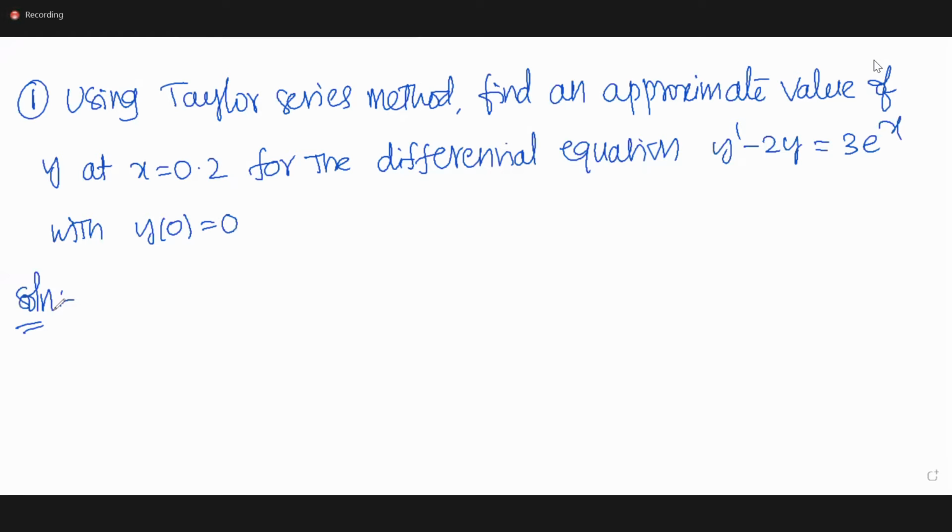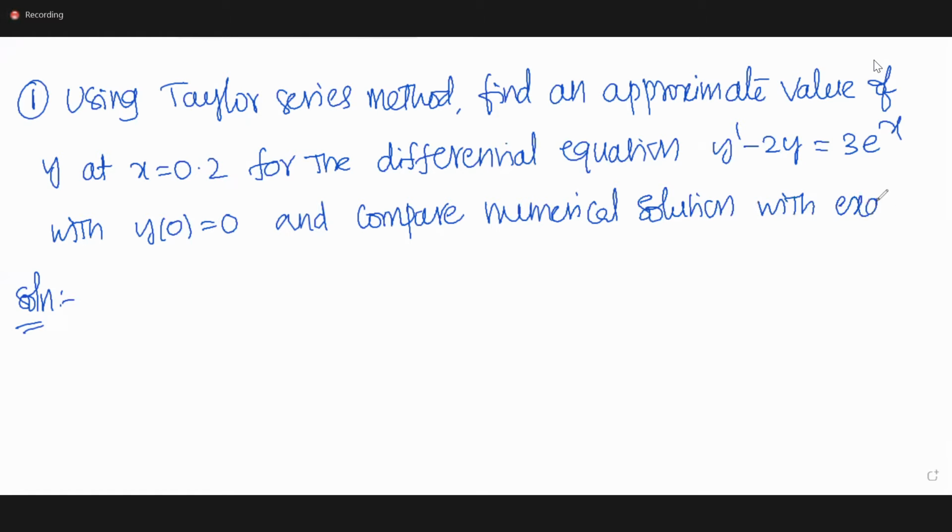And compare numerical solution with exact solution.